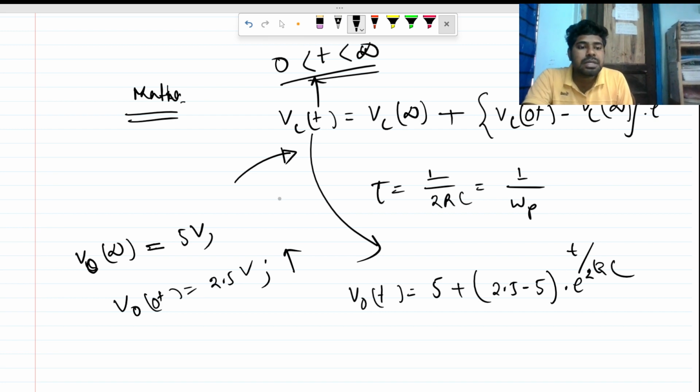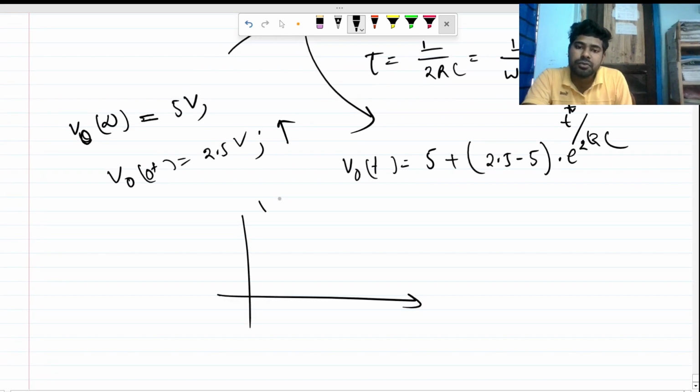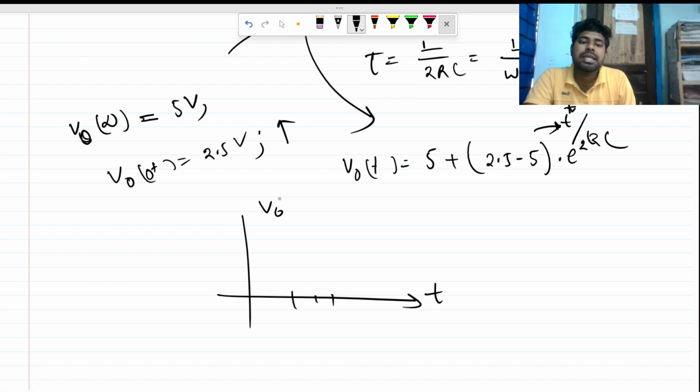So if you put the time here to find the V out with respect to time, you will get the V out voltage at any time instant.